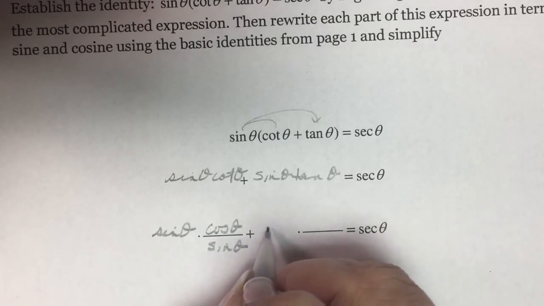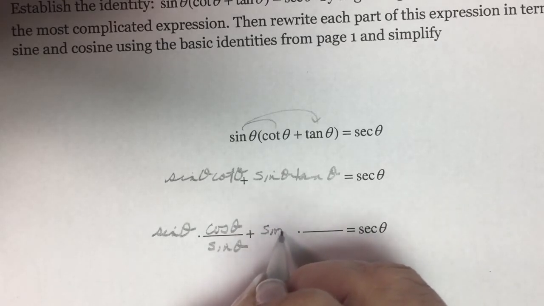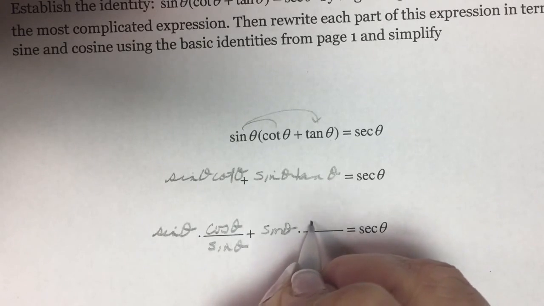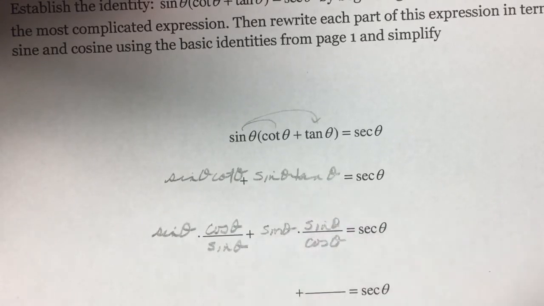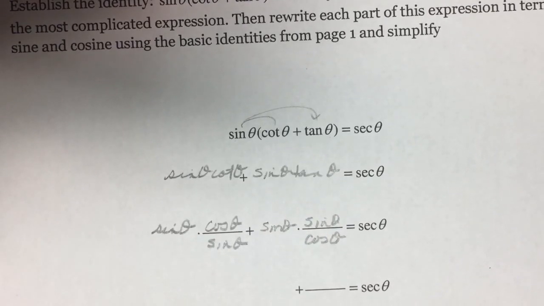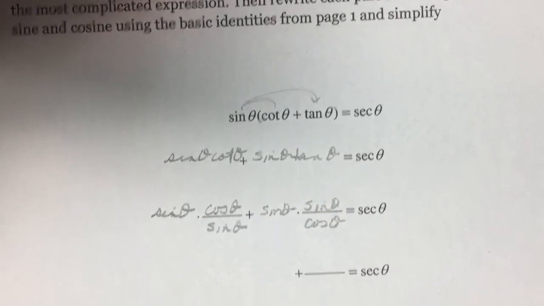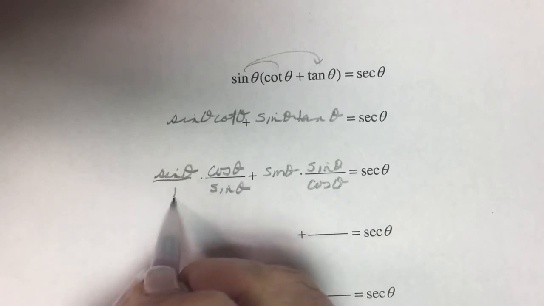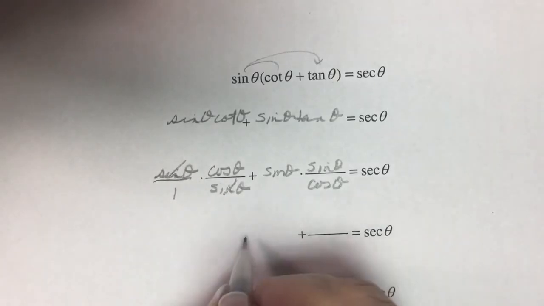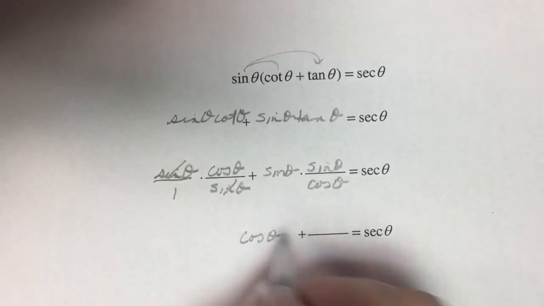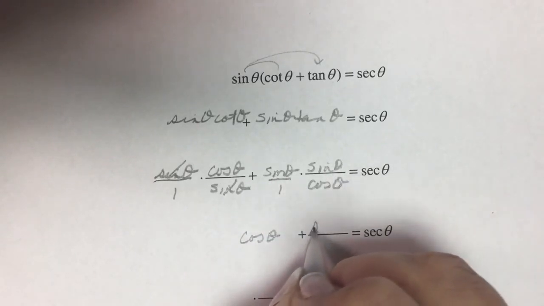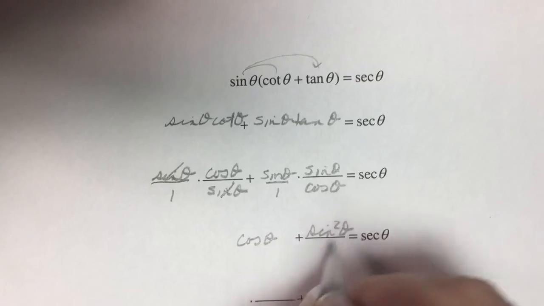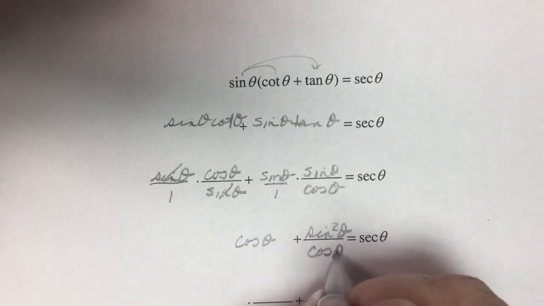And we're going to have sine theta over here, but we're going to change tangent theta into sine theta over cosine theta. Now if you look over here, the sine thetas cancel, so we're simply left with cosine theta. And this sine theta is over 1. If I multiply straight across, I'm going to get sine squared theta over cosine theta.